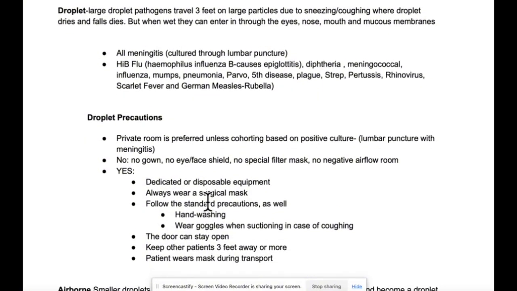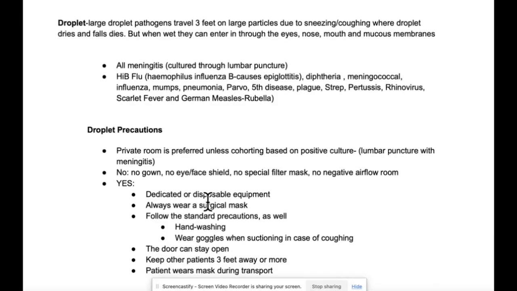So droplet precautions are going to cover those large pathogens. And when I say large, I mean those that might travel 3 feet on like a sneeze droplet, right? Or a coughing droplet. So a person projects out of their oral cavity, sometimes other cavities, right?